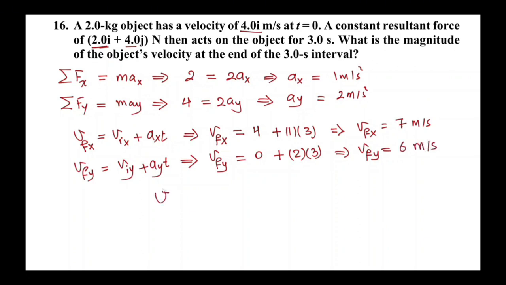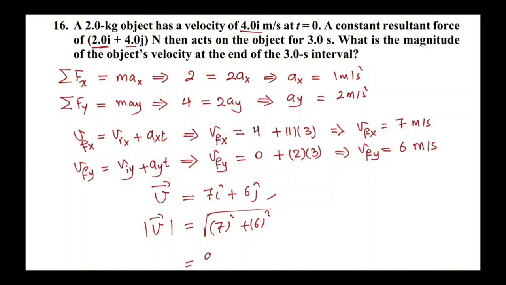So v in this case as a vector equals 7i plus 6j, and the magnitude of v equals the square root of 7 squared plus 6 squared, which is equal to 9.2 meters per second.